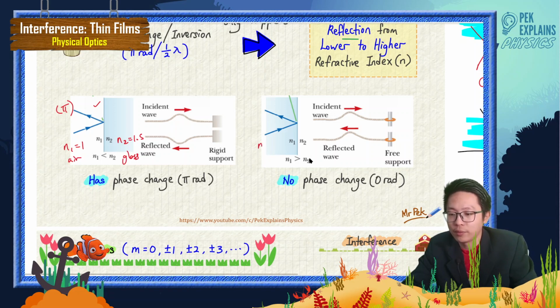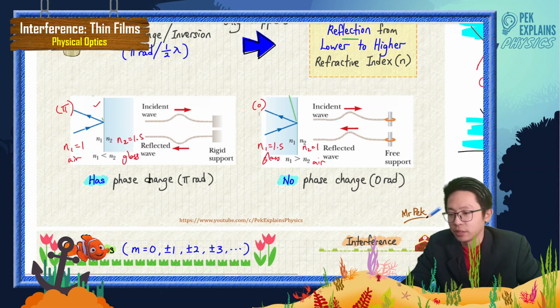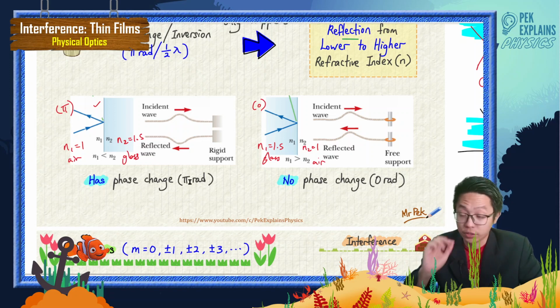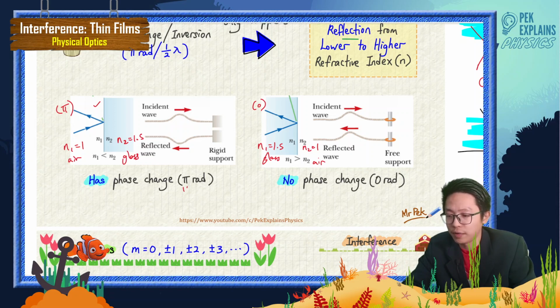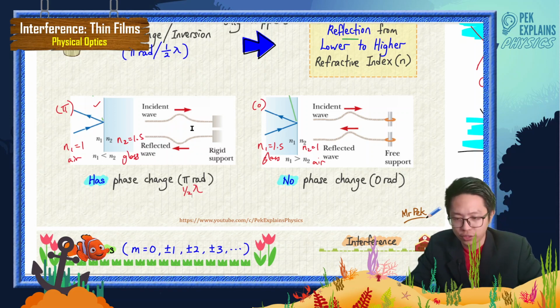That means N1 is 1.5, from glass to air, and N2 is 1, that means air. So in this reflection there is no phase change. When there is a phase change, we say pi radian phase change, or we can say half lambda phase change. Okay, so what is actually phase change?